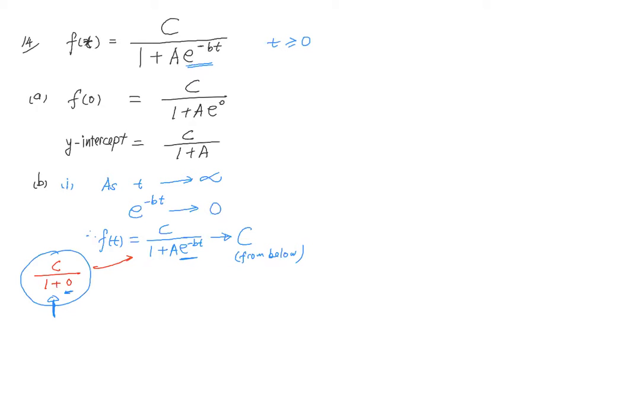So therefore, the horizontal asymptote is y equal to c. Done. Are you clear?